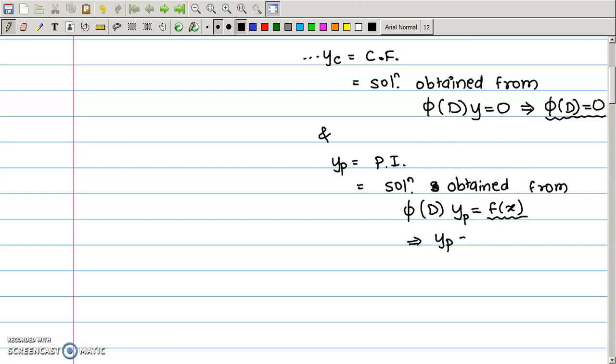Therefore, value for particular integral is obtained by operating this auxiliary equation on this f of x. So we take this auxiliary equation on the right hand side and operate it on f of x. Since D is the differentiation operator and we are taking reciprocal of differentiation of this function f of x, that's why this solution is known as particular integral.